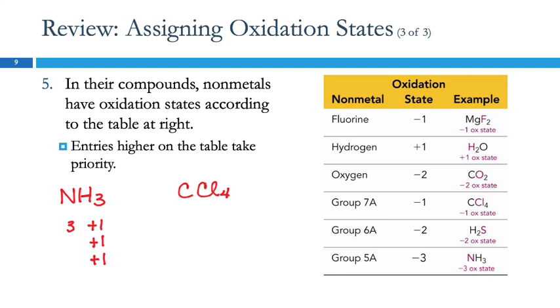Somebody's awake. So we've got -3 and +3, and that adds up to 0. Now, -3 happens to be the oxidation state that nitrogen would choose if it got to choose. Doesn't always work out that way.